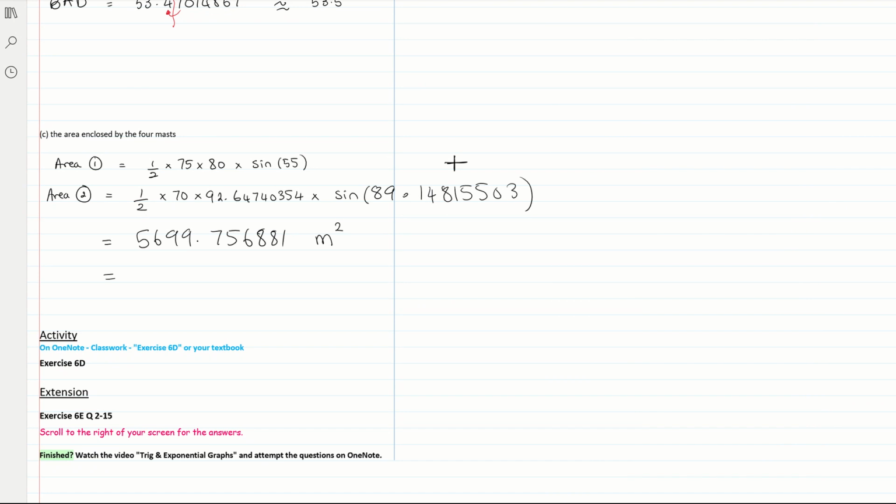They haven't asked for a particular level of accuracy. I could round this up, so it would be about 5700 meters squared, which is two significant figures really.